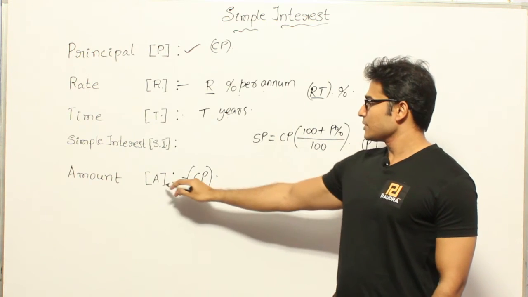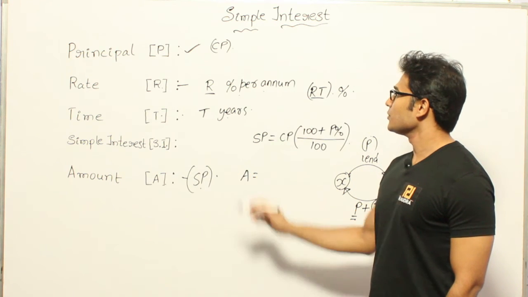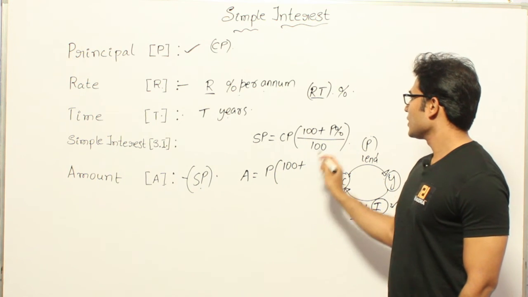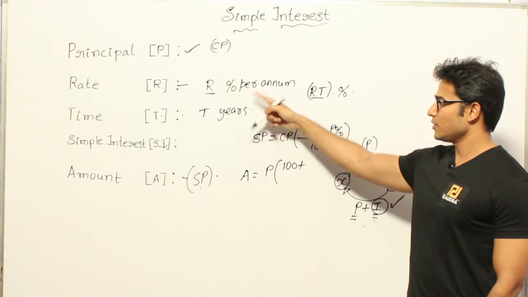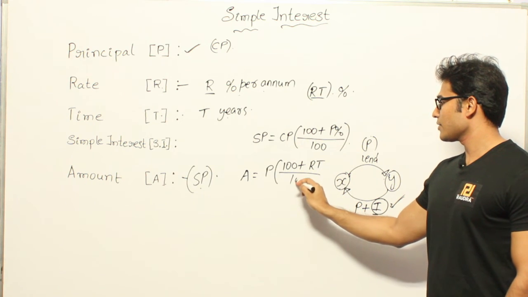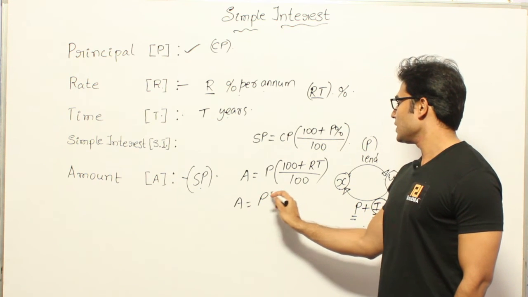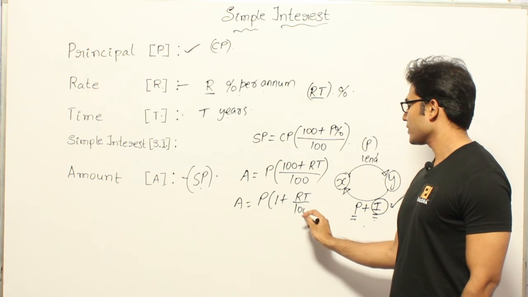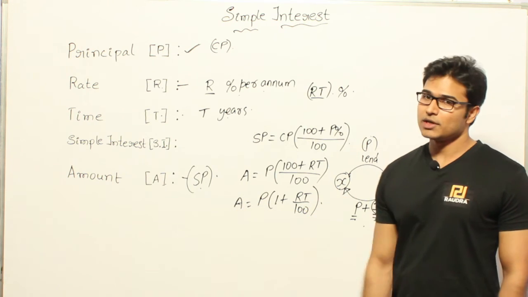The selling price is nothing but the amount you are getting, so this amount A equals principal P into 100 plus, so what is the profit you are making per year? If you are making R percent, then for T years you are going to make RT percent, right? Therefore RT by 100. So A equals P into 1 plus RT by 100. Got it? So this is how you are supposed to find out the total amount returned.